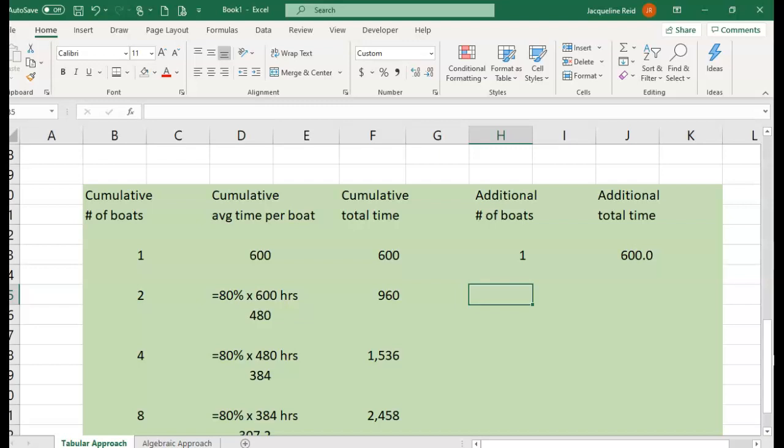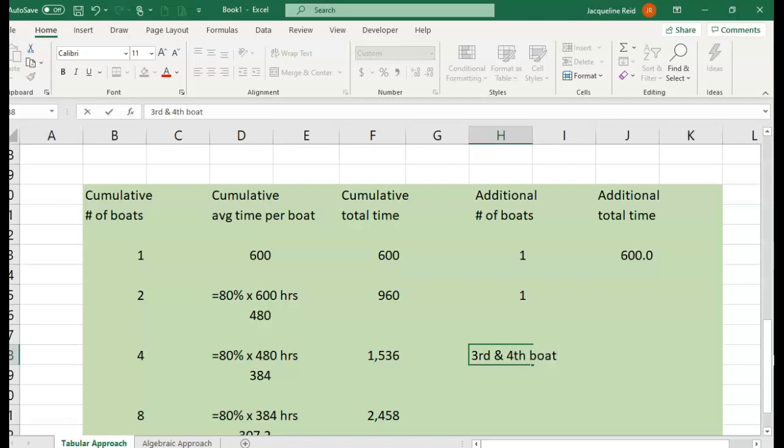So additionally, 1 extra boat was made, the second boat.